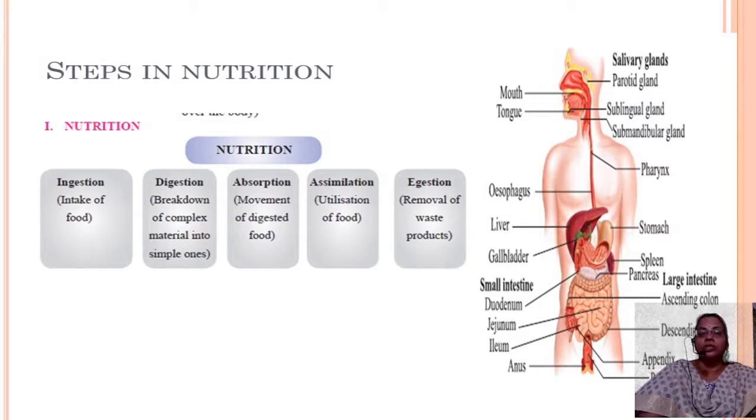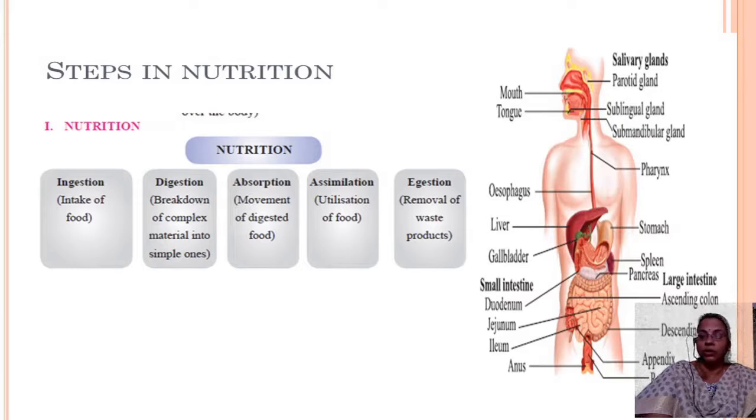Then finally it will reach the next region, which is J-shaped and highly muscular. That region is called the stomach. The stomach is highly muscular, and there the digestion takes place. The stomach secretes 3 types of secretions. One is HCl, acid is secreted. Why is HCl needed? In the stomach there is no carbohydrate digestion, but instead protein digestion takes place.